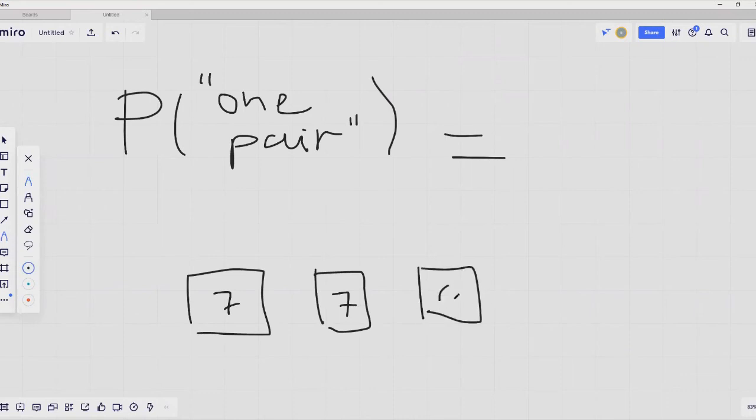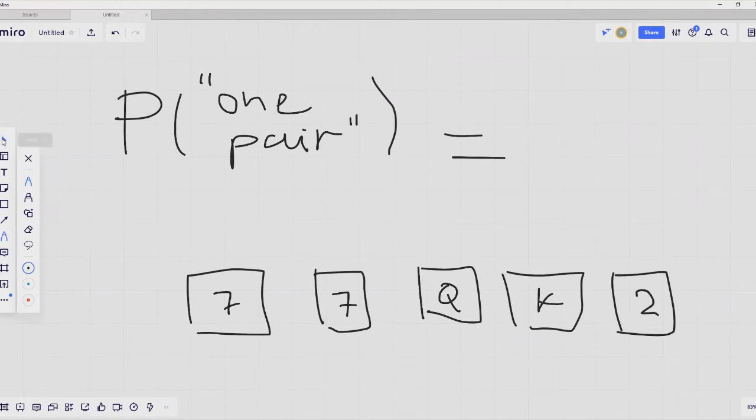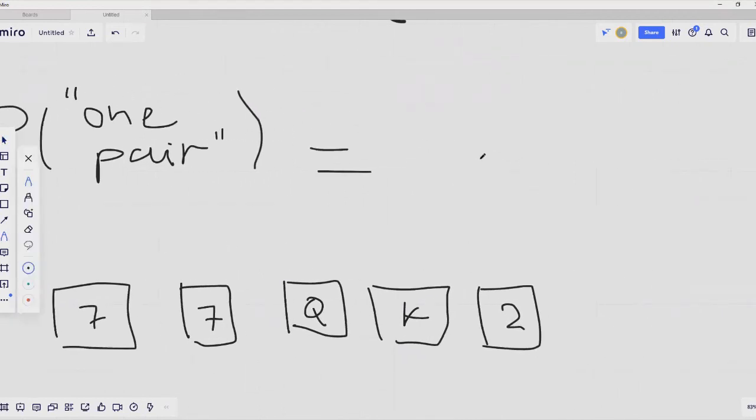So let's say queen, king, and let's say 2. Now that probability is equal to 52 choose 5 in the denominator.